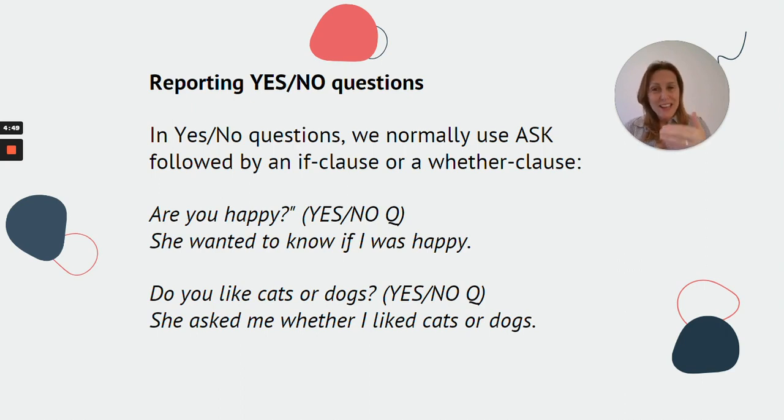So again, as we said before, when there's only one option, "Are you happy?" Yes or no? She wanted to know if I was happy. But in the second case, we have two options. "Do you like cats or dogs?" So she asked me whether I liked cats or dogs. So we use whether in this case.